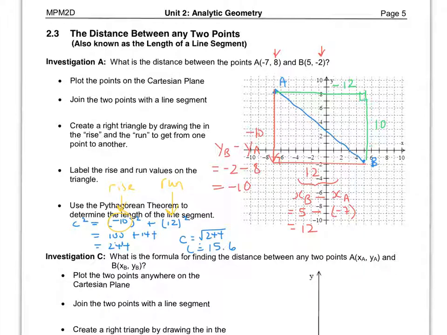When we were working with a point to the origin, my rise was really my y-coordinate minus 0, because my second coordinate was just 0, 0, which ended up giving us that y squared. So the rise squared gave us a y squared. My run, I found out from the other investigation, was x take away 0, all squared, which ends up just being x squared. And then my equal sign didn't come through there. Okay, so we're going to use that information to come up with a generic formula on the next slide.